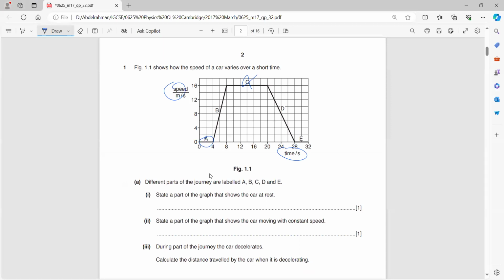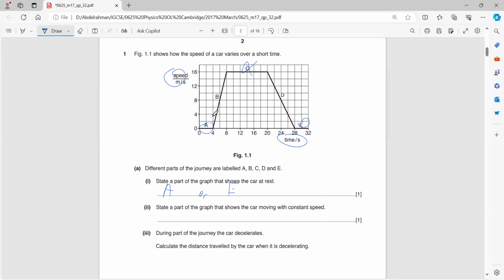It's either A or E. Now, state a part of the graph which shows the car moving at a constant speed. Yes, people are saying C. Definitely, it's at C.